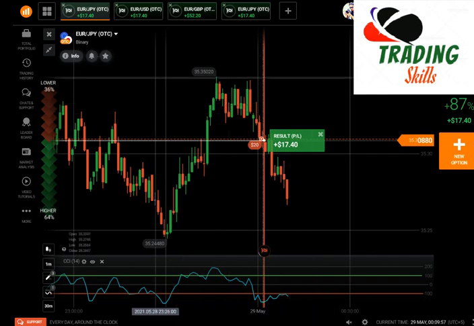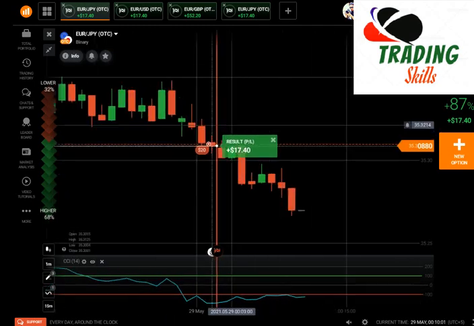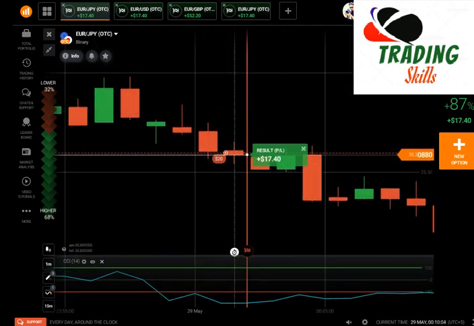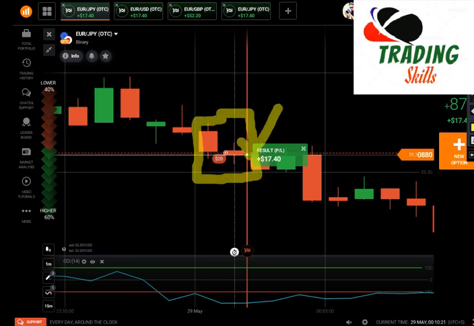So now you can see I want to show you here my trades. I took my trade here. So the requirement for the strong candlestick will be, now you can see I am following the rules and I'm getting here an ITM.